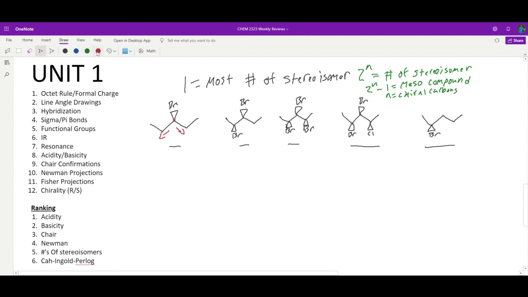All right, so going structure by structure, this has 0, so 2 to the 0, and any number to the power of 0 is 1. The second one has 1 there, 1 there, so 2 to the 2 equals 4.